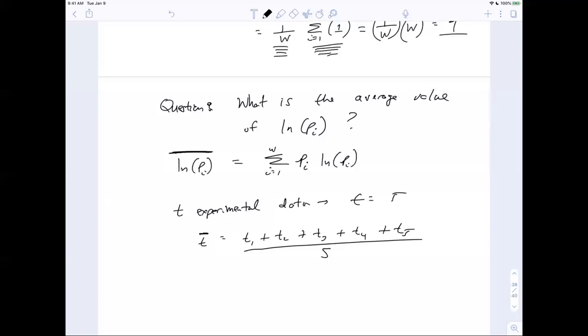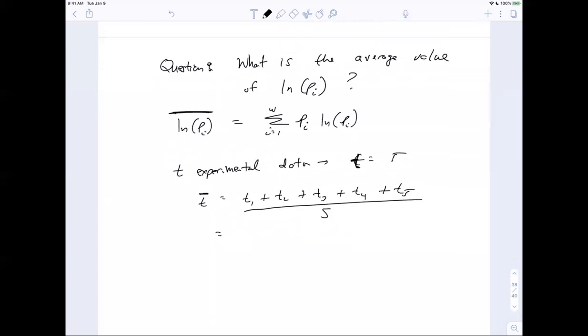So if you had five experimental data points and wanted the average, you would sum them all and divide by 5. But really you can think of this as 1/5 times T1 plus 1/5 times T2 plus 1/5 times T3 plus 1/5 times T4 plus 1/5 times T5.